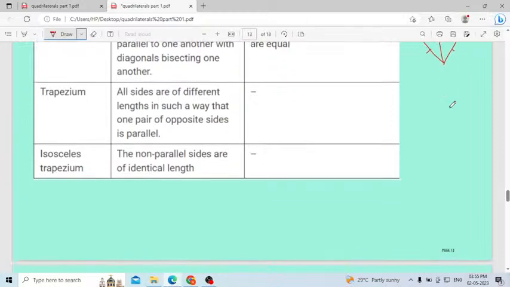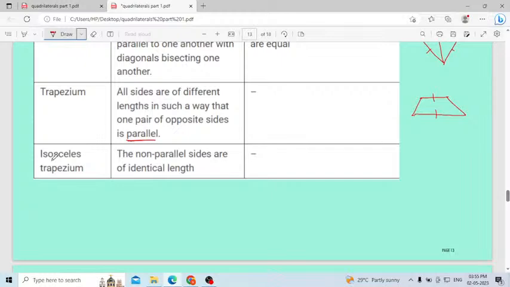Then coming to the trapezium, all sides are of different lengths, in such a way that one pair of opposite sides is parallel. In the case of a trapezium, you have only one pair of parallel sides, but the lengths are not equal. Then the isosceles trapezium has non-parallel sides of identical length.